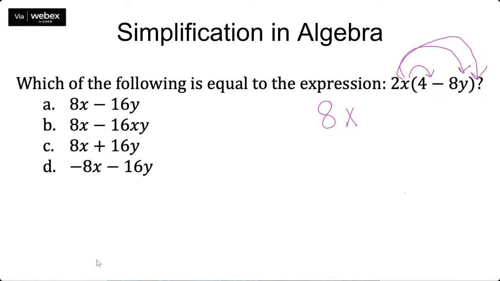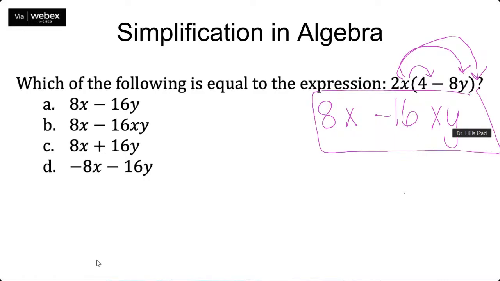Deviana is saying negative 16. That is correct. And we add the variables in alphabetical order, x, y. Got to add both of them. So this becomes our answer, 8x minus 16xy. If you said B, you had the correct answer.